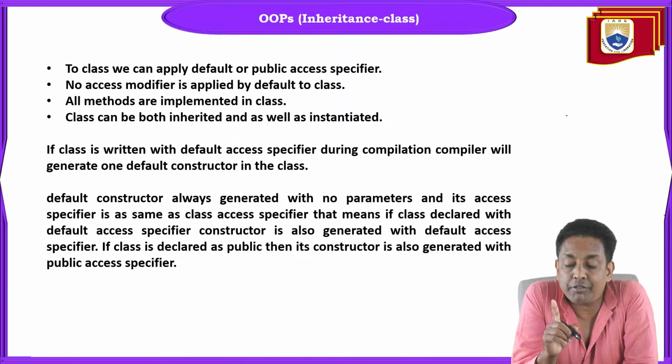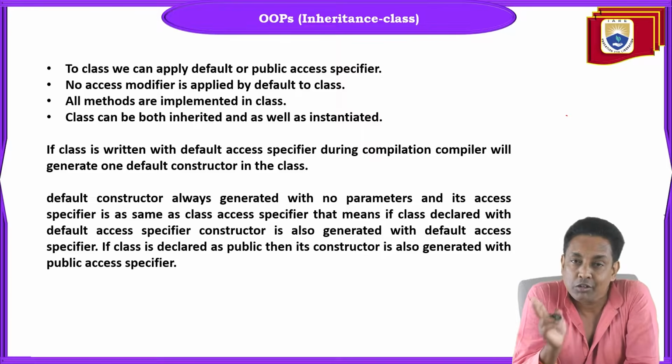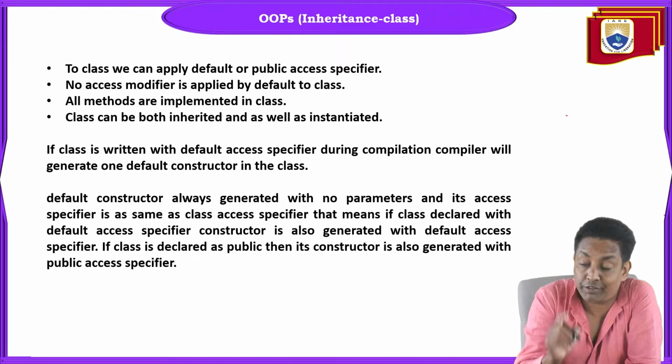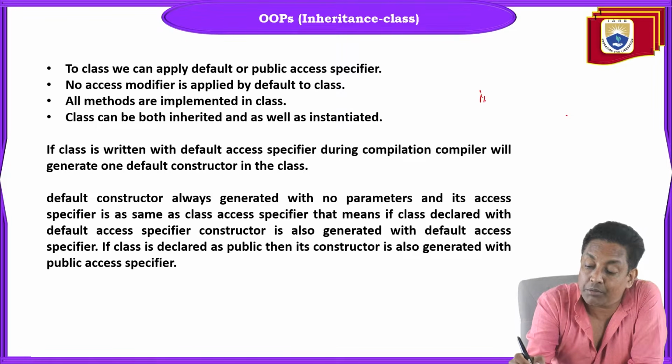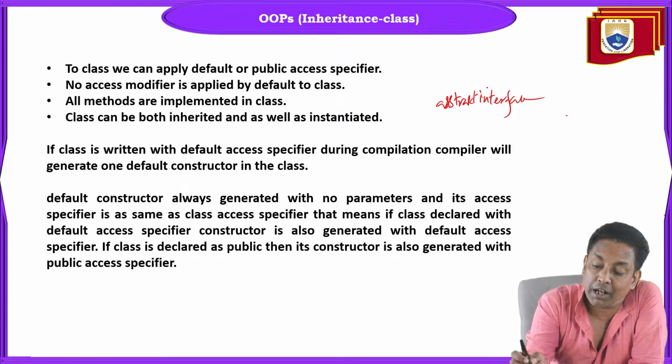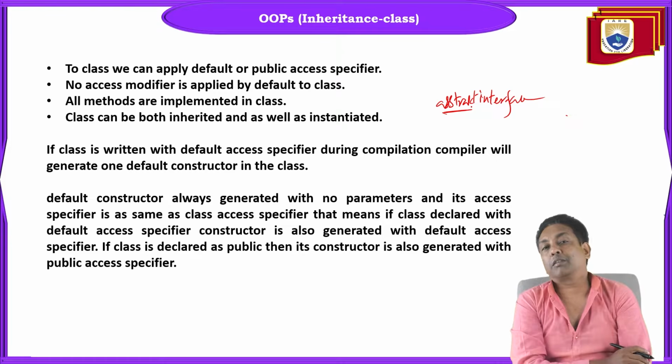Only one modifier is applied by default to an interface, sorry, only one modifier. To an interface, only one modifier is applied by default, that is abstract. Interfaces are by default prefixed with the abstract modifier.